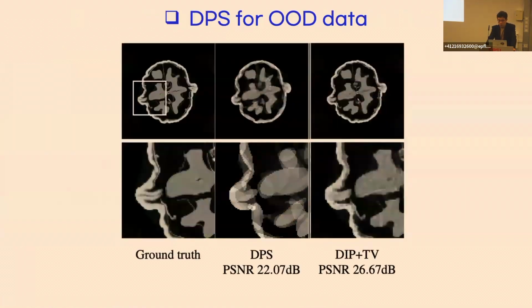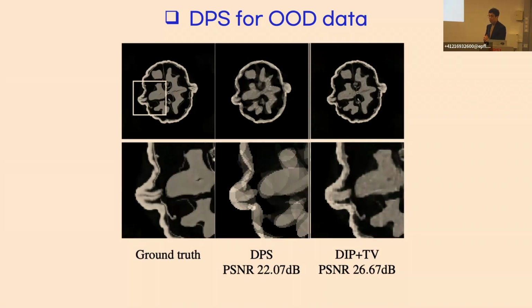Another issue is, for example, think about applying diffusion to data which is not used for your training. In many biological problems, in order to use the diffusion model, you need to have clean images and train the diffusion model to learn the distribution of the clean images. But in many biological imaging problems, clean images are not known, right?